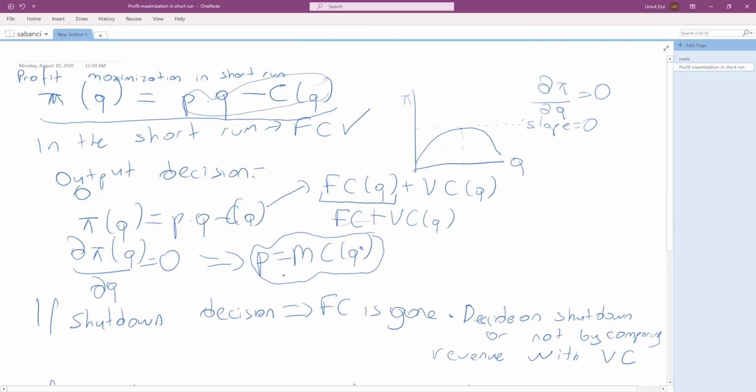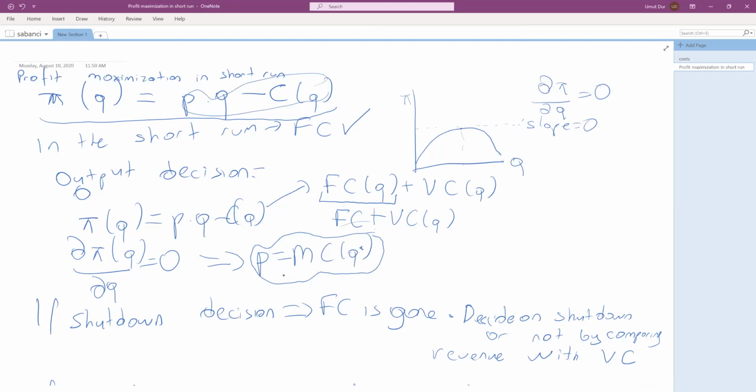But in the short run, I have another decision here. I can decide to shut down my firm or not. No matter whether I continue producing or not, I will always have the fixed cost. It is gone. Whether you pay the rent or buy some machines, it is gone.